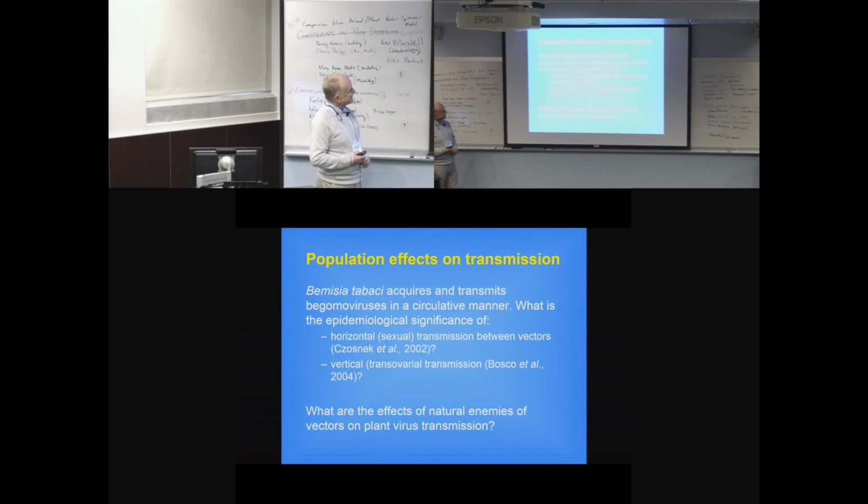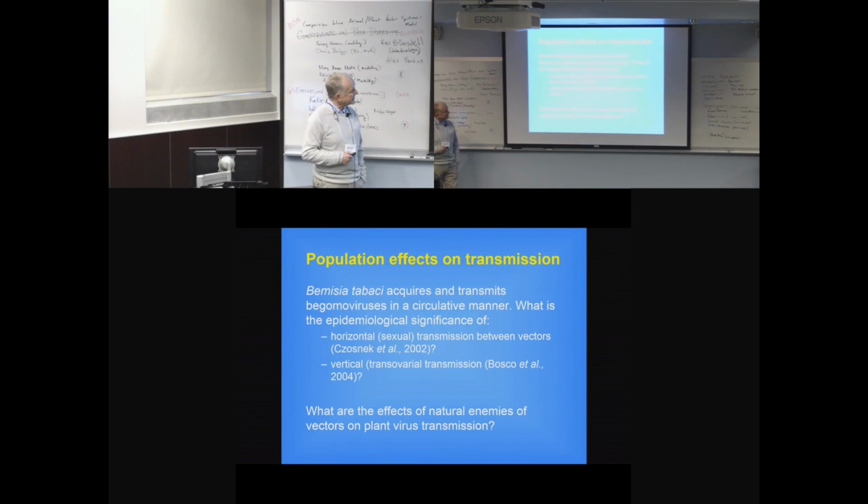Some other aspects relating to transmission. We don't actually capture all the information. For example, this whitefly here, which acquires and transmits Begomovirus in a circulative manner, it's been claimed that you can get horizontal sexual transmission between vectors. Now, this is a phenomenon which is very well known in insect viruses.